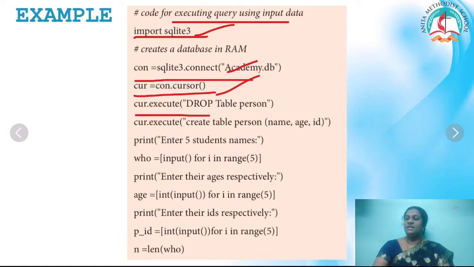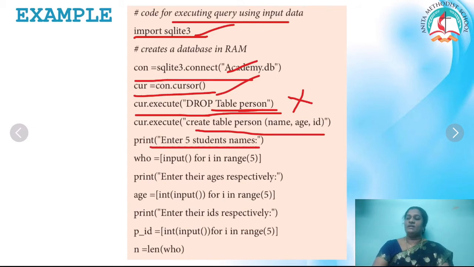Now see here, it's executing DROP TABLE. What is the use of drop table? First, you are deleting a table called person. The table name is person. If the table is already created, you are just removing it and then creating it again with the help of 3 fields. What are the 3 fields? Name, age, ID.